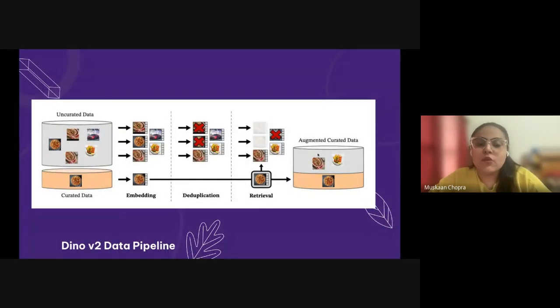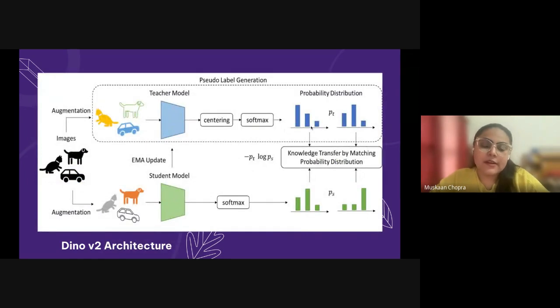The main focus of this pipeline is to use multiple existing datasets and curate a larger dataset at scale to improve the computer vision task. The DINOv2 architecture focuses on pseudo label generation and then transfers the knowledge by matching the probability distribution.